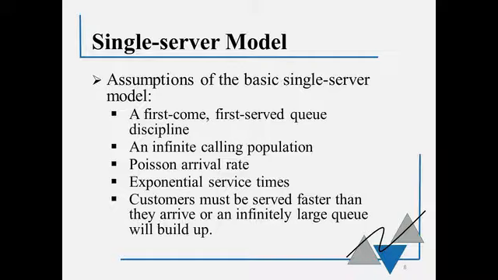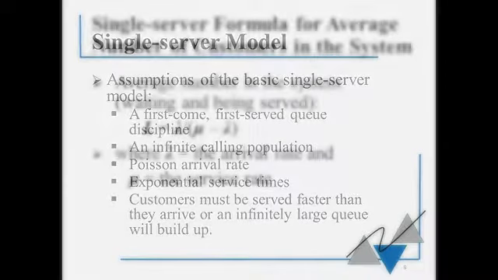Keep in mind that customers must be served faster than they arrive, or we build up an infinitely large queue. Some of you have maybe been on hold places. I know I have, where I'm pretty sure they don't have enough customer service representatives, or I wouldn't have been on hold for so long. So just keep in mind that we do need to serve customers faster than they arrive.